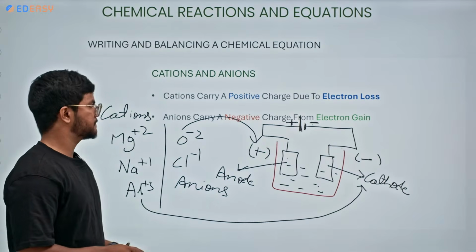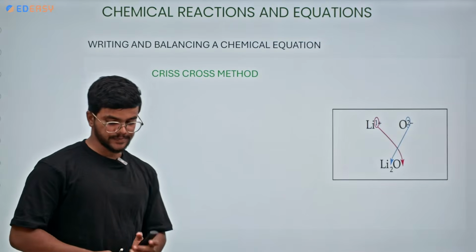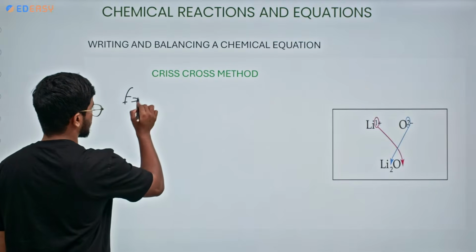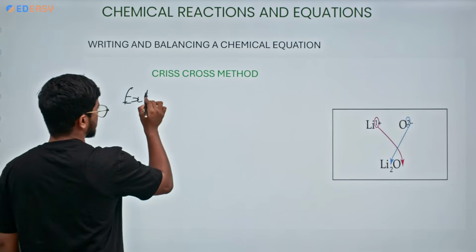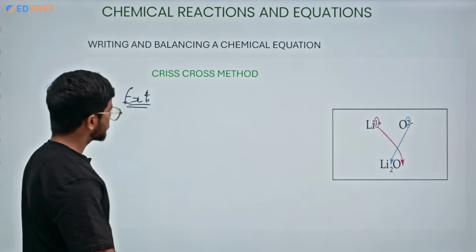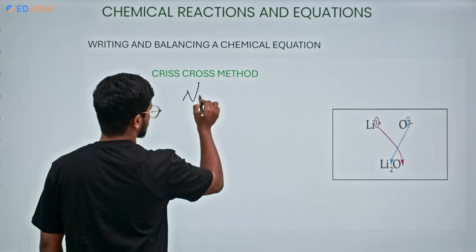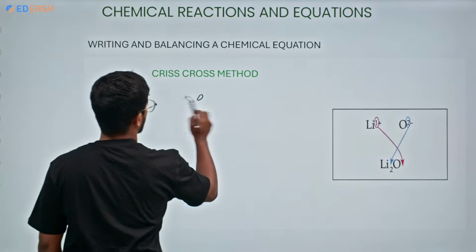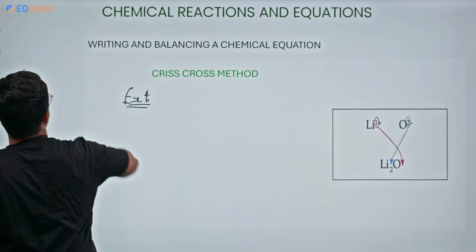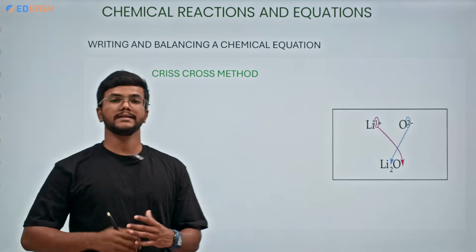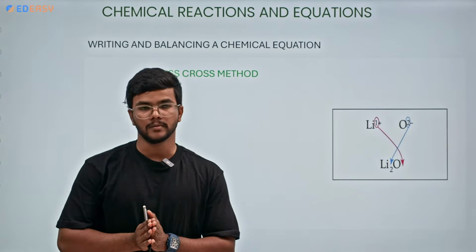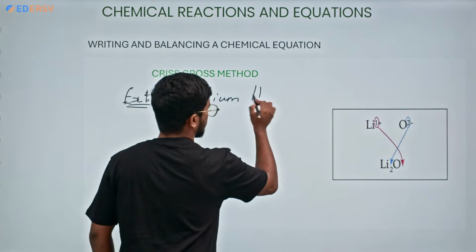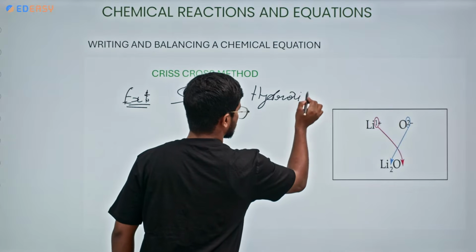Okay, next, this is the crisscross method. What is the crisscross method? Let me tell you with an example. Sodium hydroxide. Let me write it in the form of words, because we want to write the formula from the given word form. Sodium hydroxide.